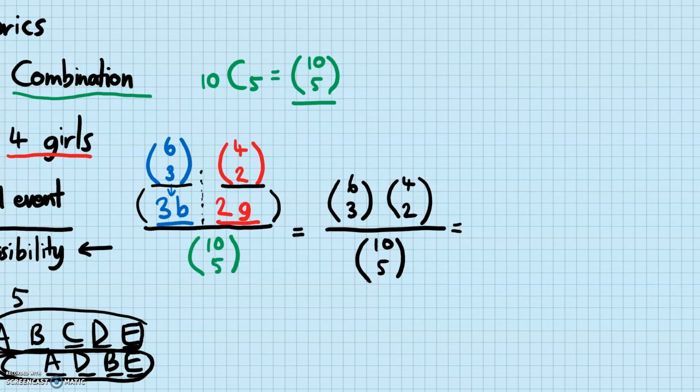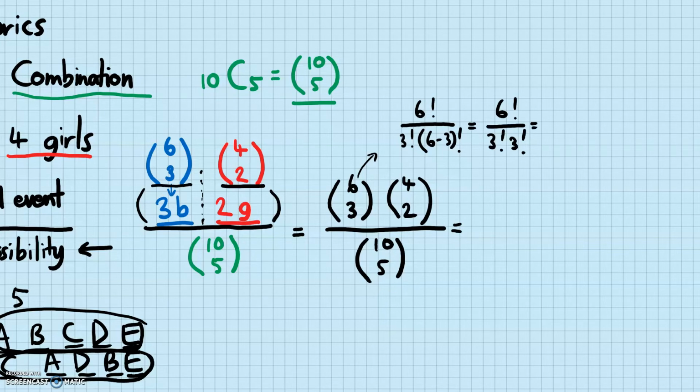I'm just going to do them by hand just to show you how the calculation is done. So this part is the same thing as 6 factorial over 3 factorial times 6 minus 3 factorial. And that would be the same as 6 factorial over 3 factorial times 3 factorial.